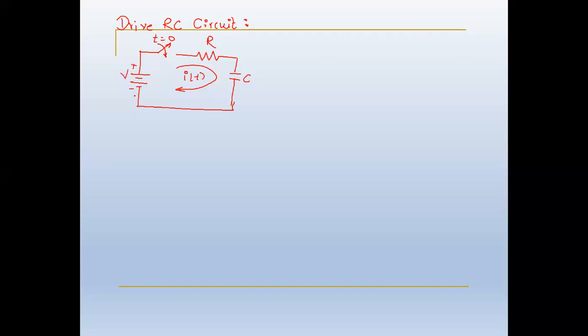We will assume that the switch is closed at t is equal to 0. That means before t is equal to 0, the switch was open. So the voltage source is not connected to the capacitor, and there is no initial voltage across the capacitor.